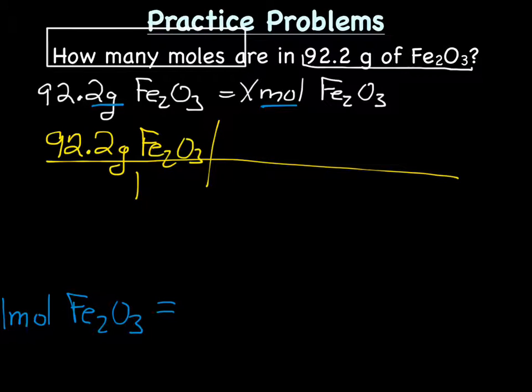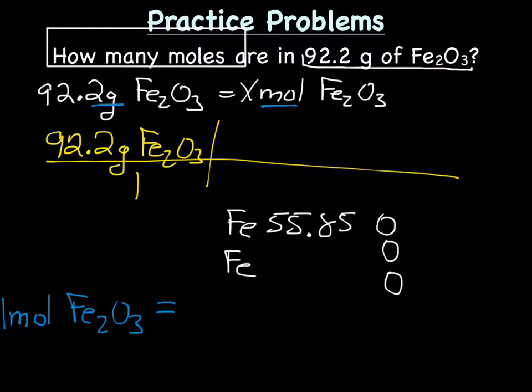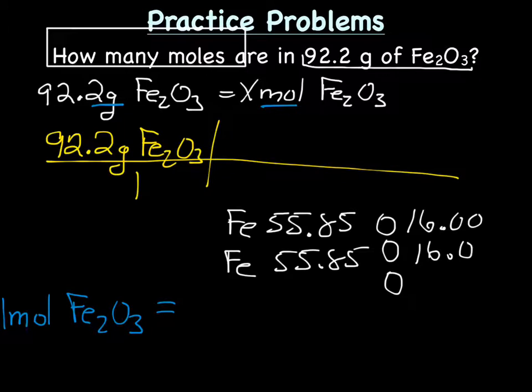And to calculate the molar mass of Fe2O3, we list our atoms. We have 2 Fe's, and we have 3 oxygens. And by looking at the periodic table, I find that the mass of iron, or Fe, is 55.85 grams. And oxygen is 16 grams.